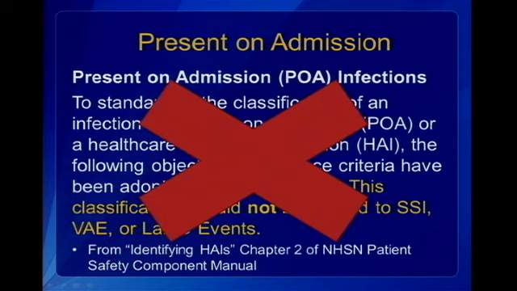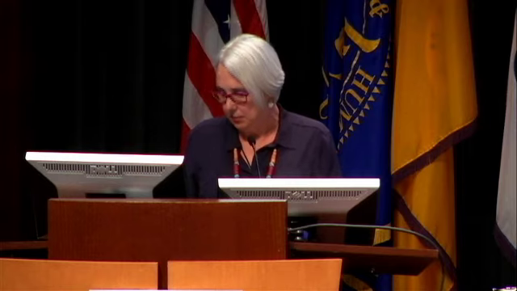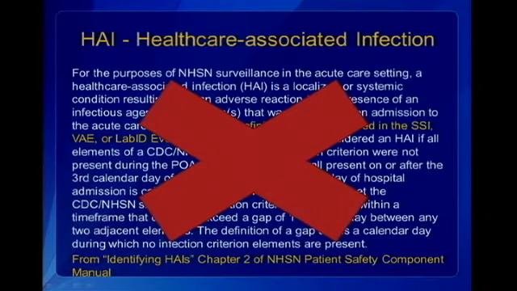And then when we had the POA definition, we realized it doesn't apply to lab ID, to VAE, and it doesn't apply to surgical site infections. They're procedure-based. So once the procedure starts, the clock sort of starts ticking again, is the way I like to think of it. And the HAI definition doesn't work because that's the one that bounces off of the POA and says, oh, if everything happens on day 3, it's an HAI after admission. Well, again, these are procedure-based with long surveillance periods.